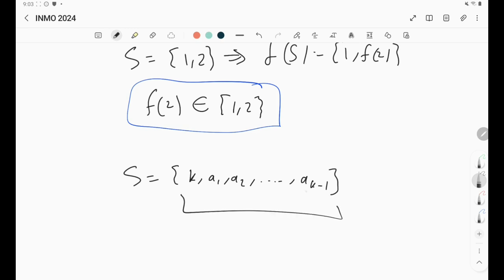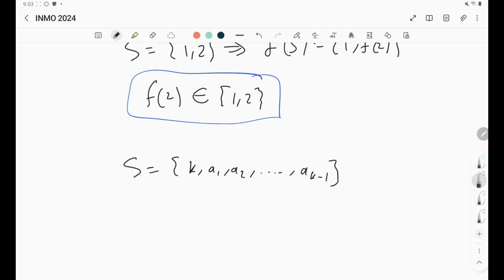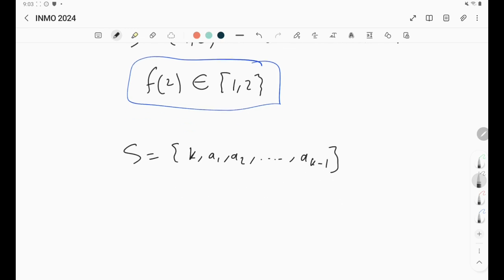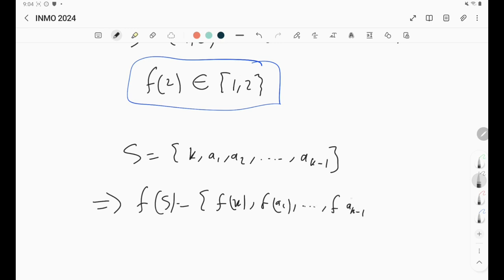Now here we have k numbers and k is there, so that's good. So this is cardinal, which means f of S should be cardinal, and that is just f of k and f of the other guys here. So this set must be cardinal.